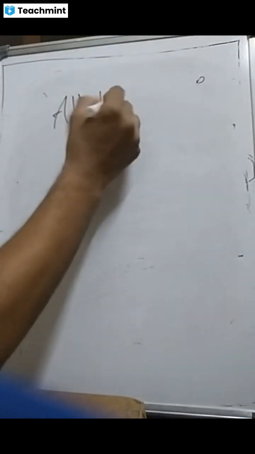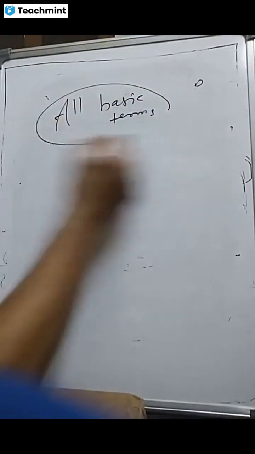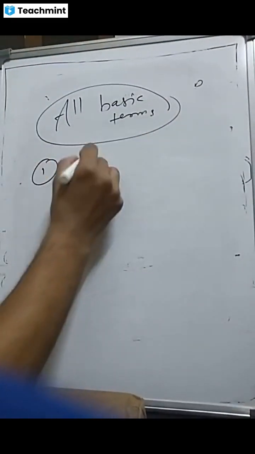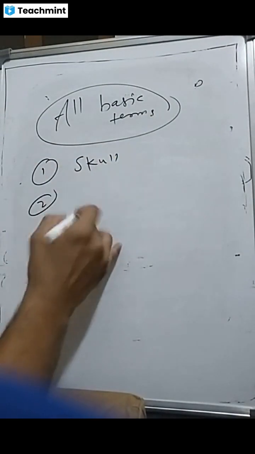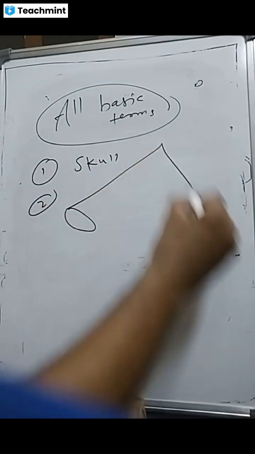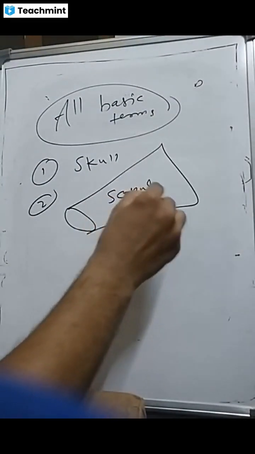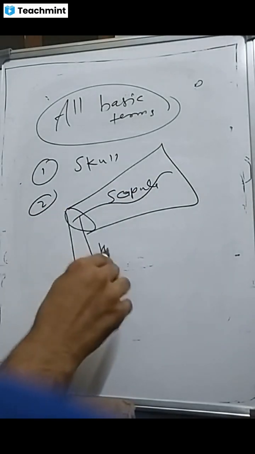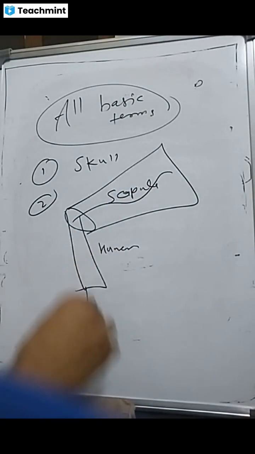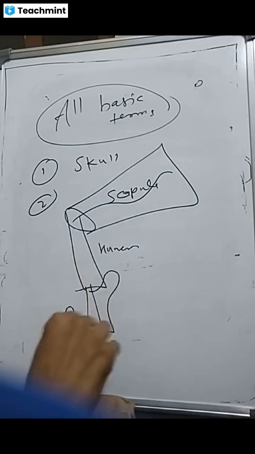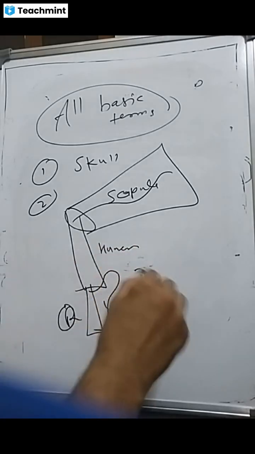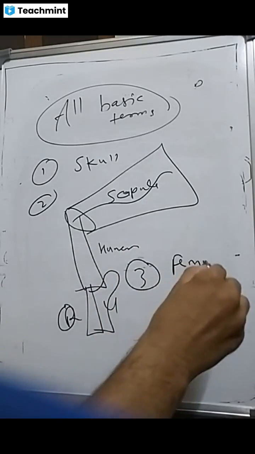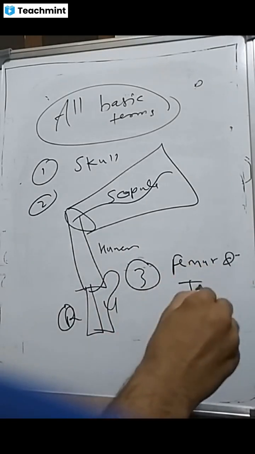So all these basic terms you can learn by reading the bones of the skull and scapula, because there is the term spine, then humerus, radius and ulna, femur and tibia.